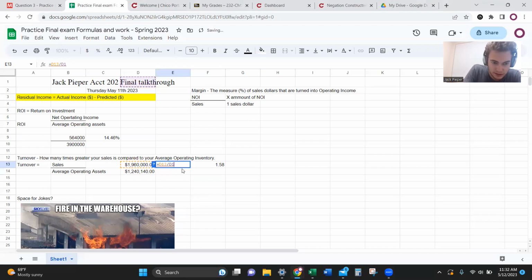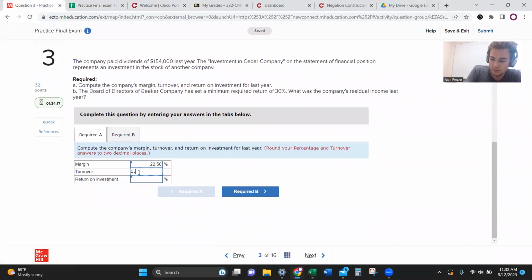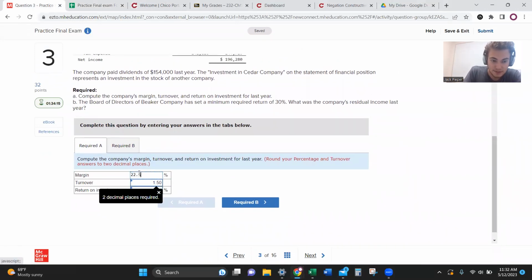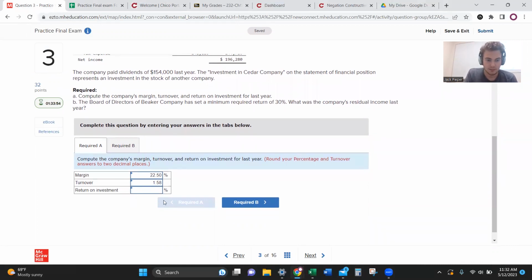I don't know why it's saying 2 there. Okay, 1.58. So that's our turnover. So our sales were 1.58 times greater than our average operating assets. So that's the relationship between them. Basically, we're able to generate a lot of sales dollars using the inventory that we have, which is good if you want to scale your business.